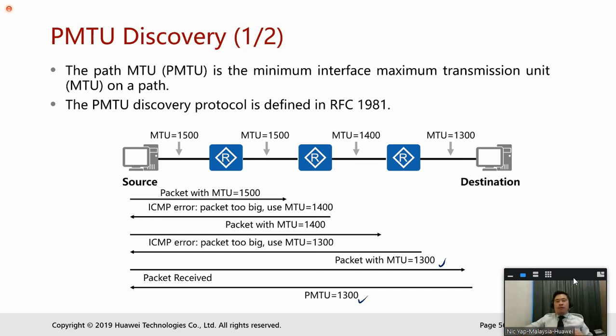They perform discovery from the source up to the destination to find the path MTU to use between source and destination. They need to negotiate this MTU before sending the data communication. Is that okay so far?